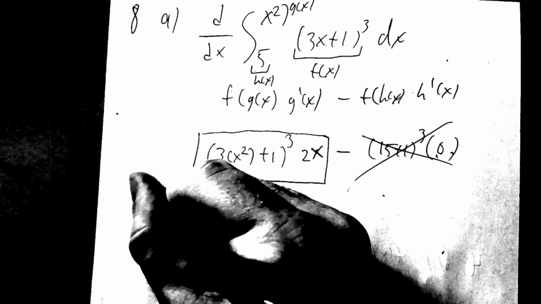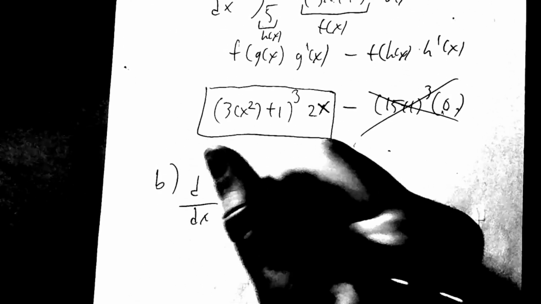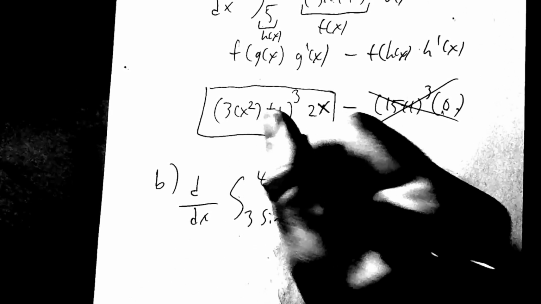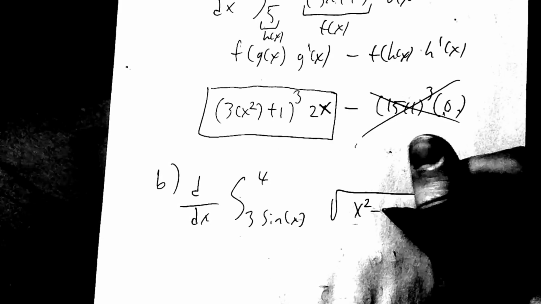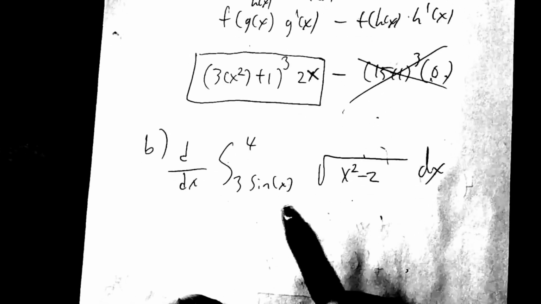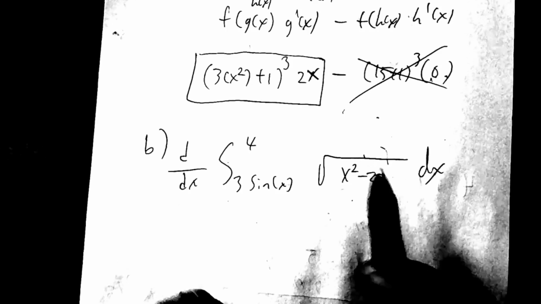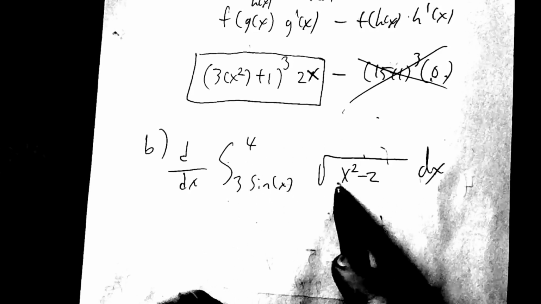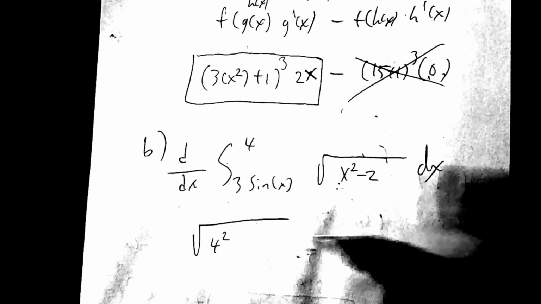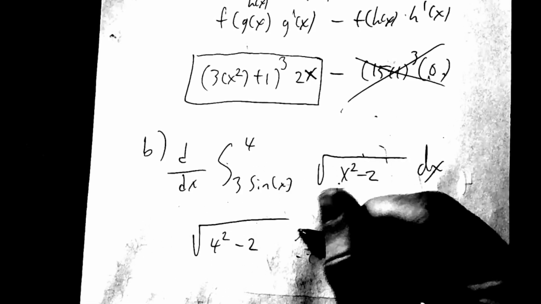B. We have the derivative from 3 sine x to 4 of root (x squared minus 2) dx. So it doesn't matter how scary this looks in here. It can be as terrifying as you like, it doesn't matter, because you're not doing anything to it apart from substituting these values in for x. So for this one, it would be root (4 squared minus 2) times 0.